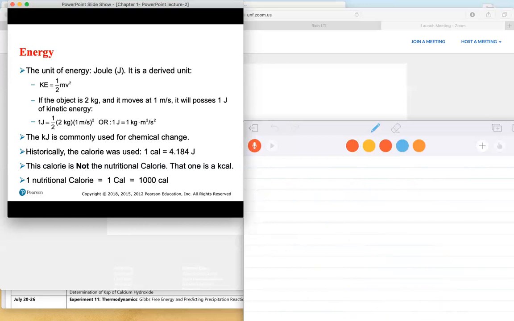And from where you are, you may not be in a position to even really capture what is going on. If you look at the calorie here and the calorie here, the difference is the uppercase and lowercase. This is lowercase and this is uppercase. Nutritionists use this uppercase Calorie to mean the amount of energy consumed.